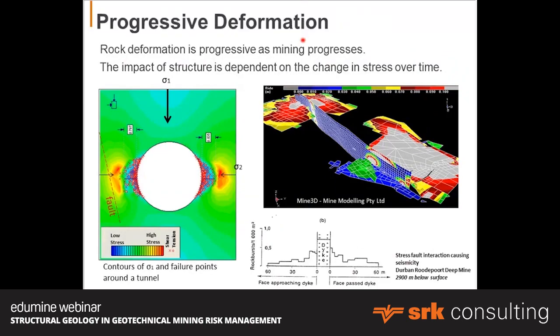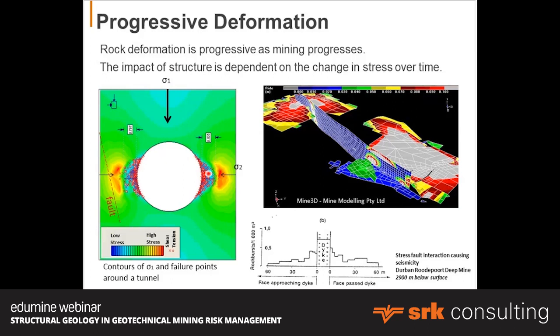Okay, it's also important to keep in mind that that deformation, as it's trying to re-establish its equilibrium, the rock mass is deforming progressively. So for example, if you simply cut a tunnel into the rock like this, perfectly circular tunnel, you'll start to get stress concentrations along the side, and slowly the rock would begin to fracture, right?